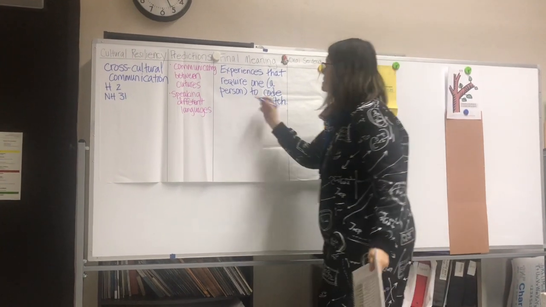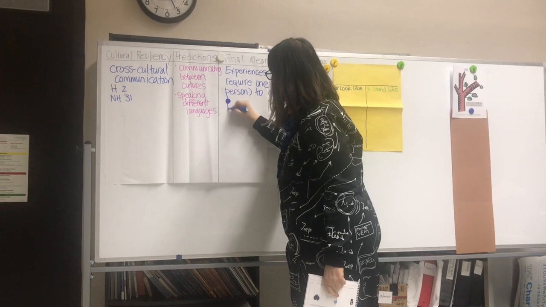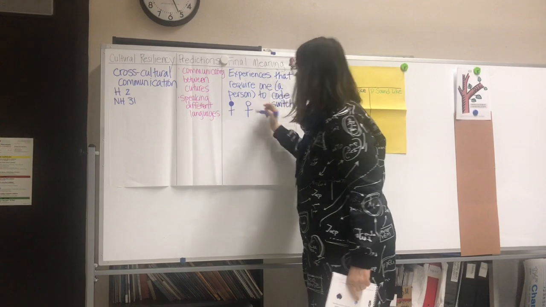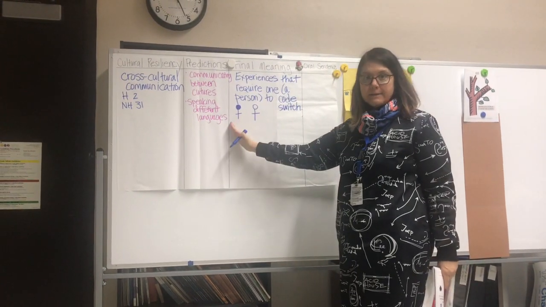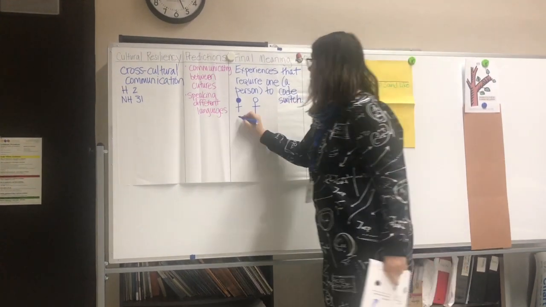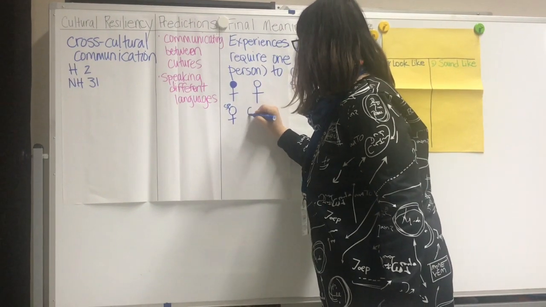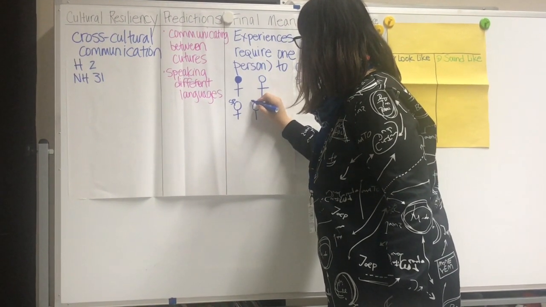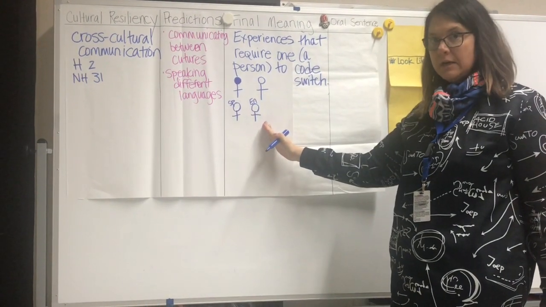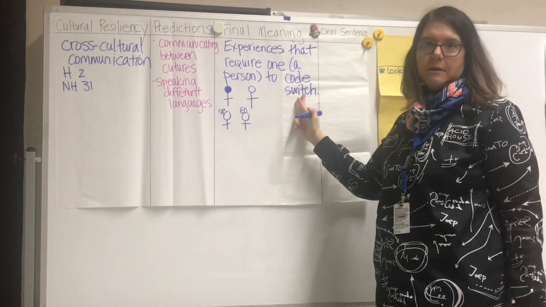So for instance, if we're talking across race, that might be a situation that requires code switching. If a Spanish speaker is talking to an English speaker, that might be a situation that requires code switching.